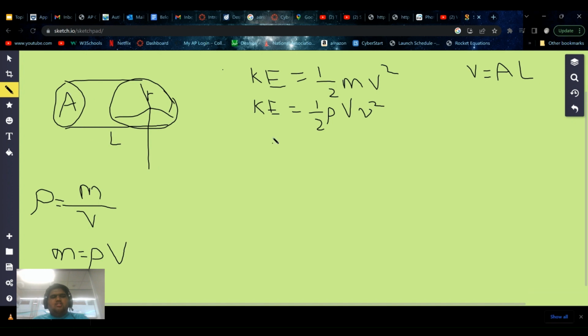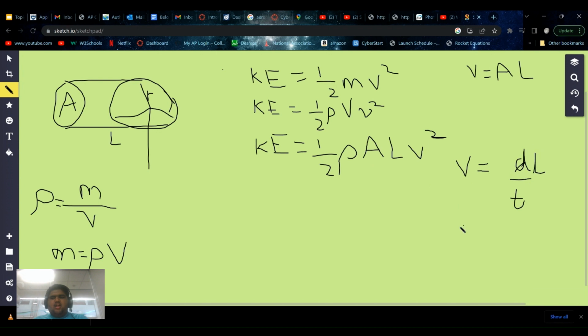This is 2 dimensions and this is one more. So now KE equals 1/2 rho A L V squared.